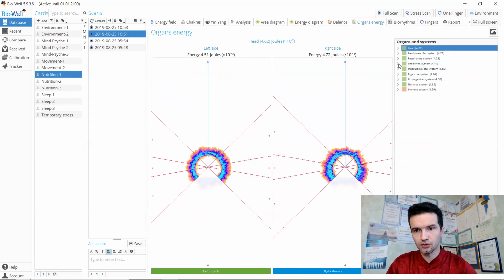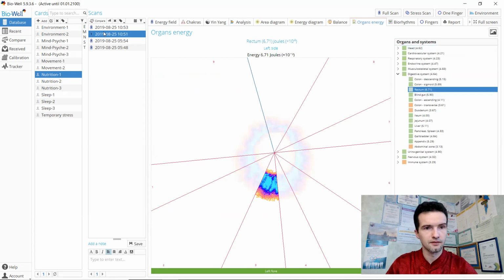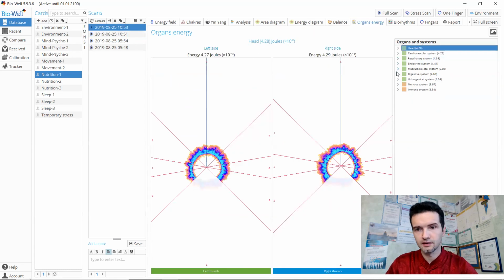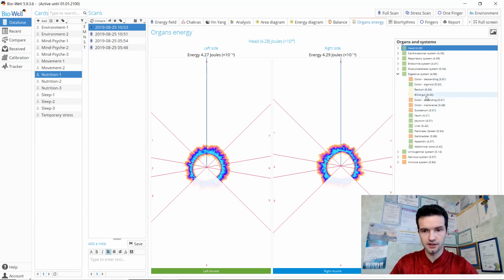And we can go to the other, rectum here, rectum and blind gut. So for sure, this person has some issues with the digestive system. And yes, the person has confirmed that she has constipation constantly.